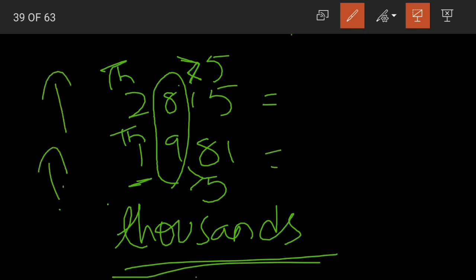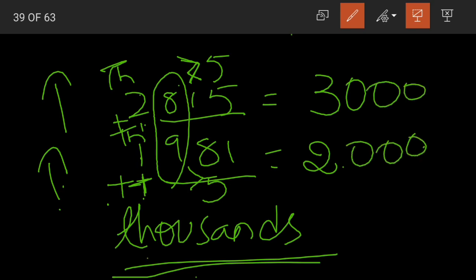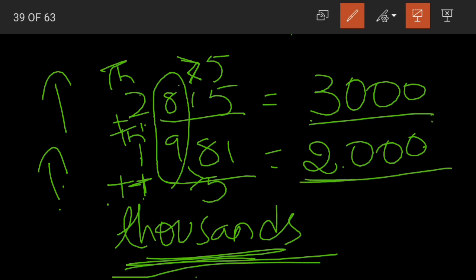What do we mean by rounding up? We'll add 1 to the digit in thousands place. 2 plus 1, 3. Here 1 plus 1, 2. The remaining 3 digits will be replaced by zeros. Yes, to the nearest thousands, right? 3000, 2000. Clear children?